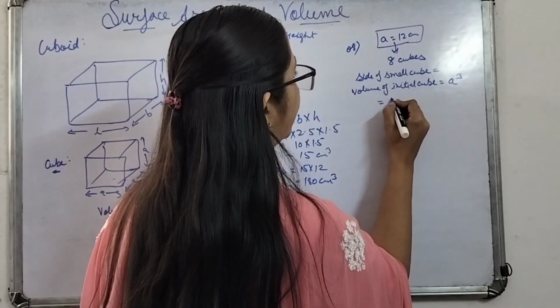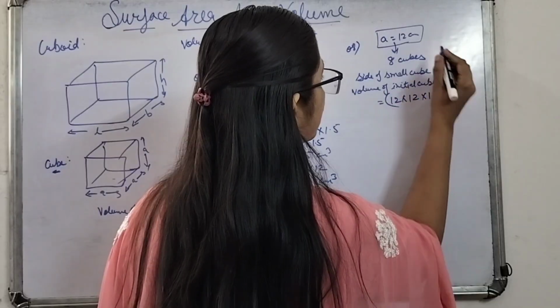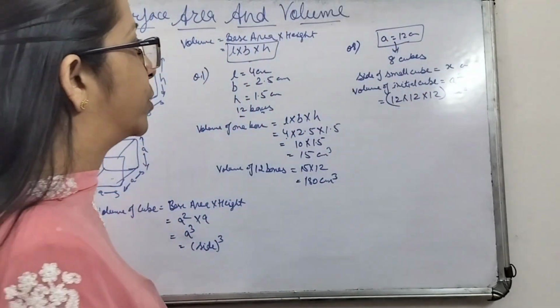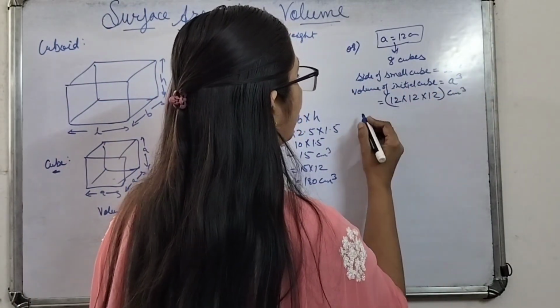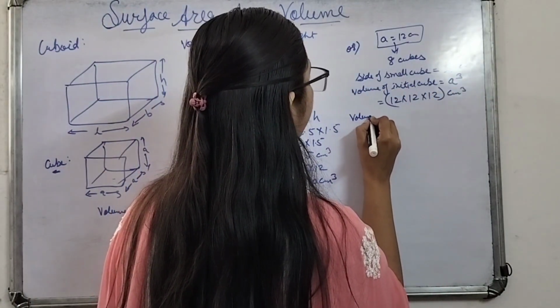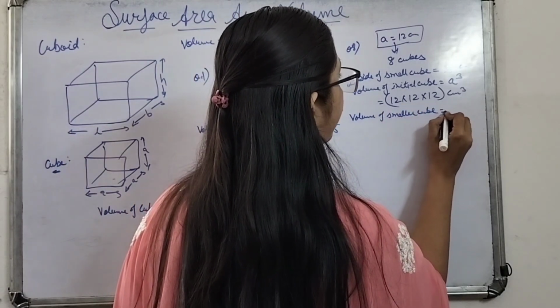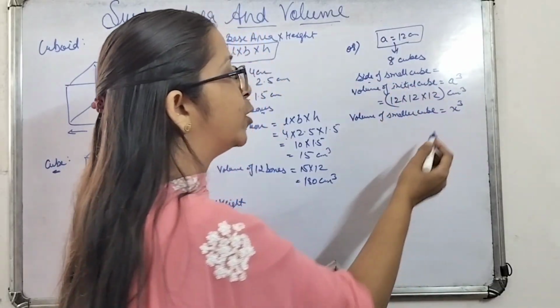So the initial volume will be 12 multiplied by 12 multiplied by 12 centimeter cube. Now the new cube has side x, so the volume of the smaller cube is given by x cube.